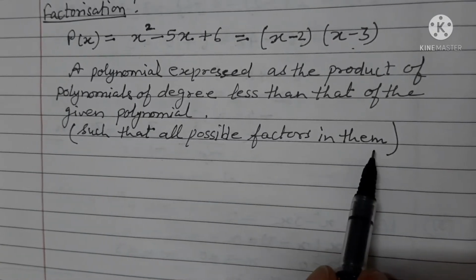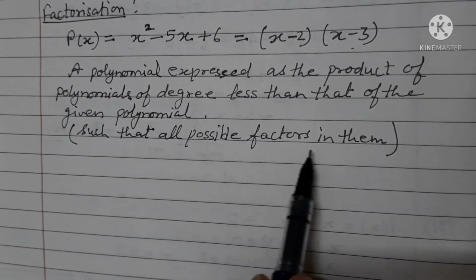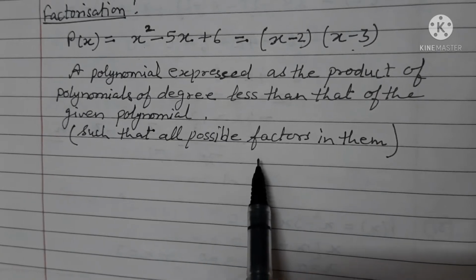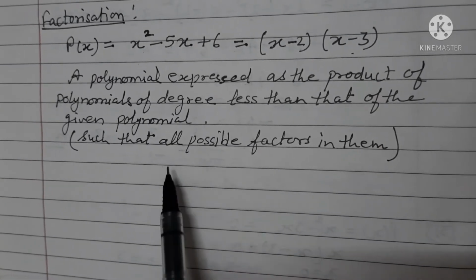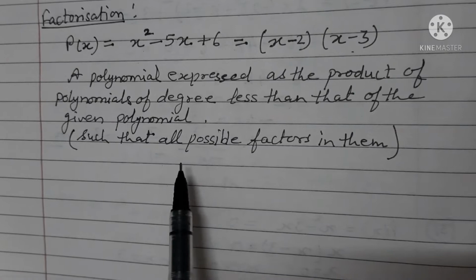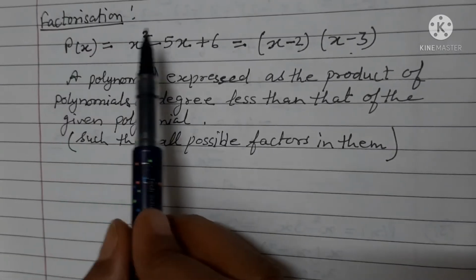When you factorize the polynomial, all possible factors are present there, and you can't factorize further. So this is called factorization.